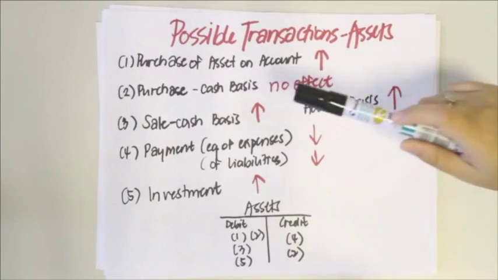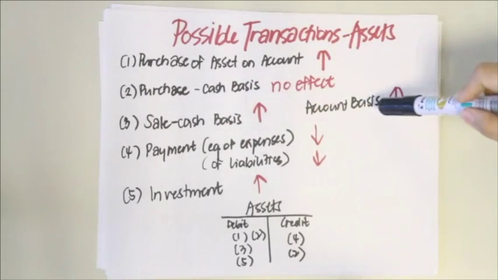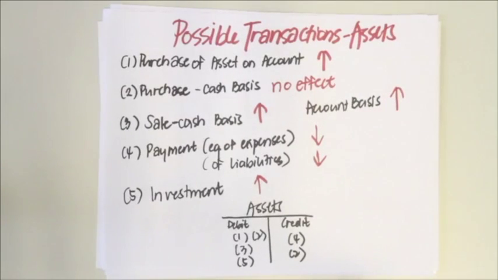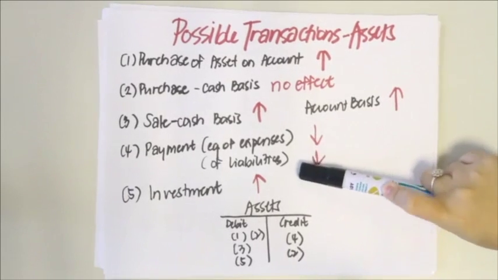And then third is a sale, whether on cash basis or an account basis. A sale would always result in an increase in your assets, since you'd be increasing either your cash or your accounts receivable. The fourth transaction would be a payment, perhaps of your expenses or a liability such as a loan.